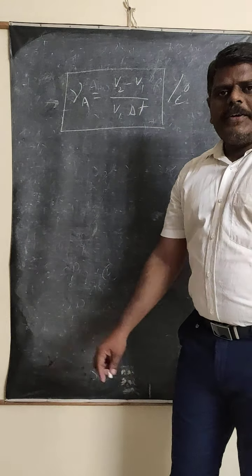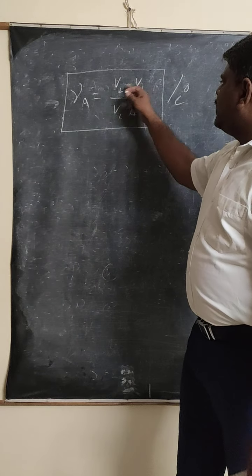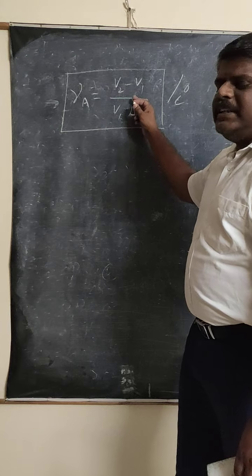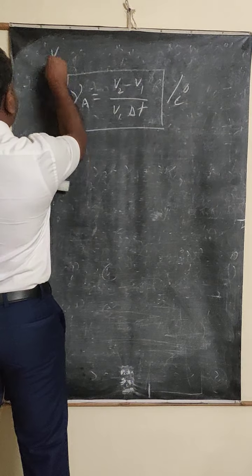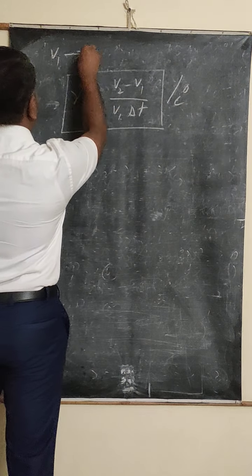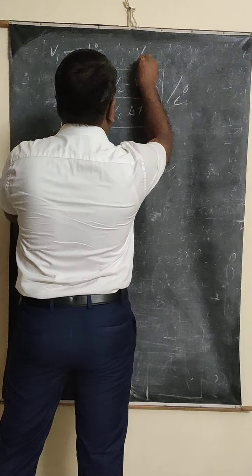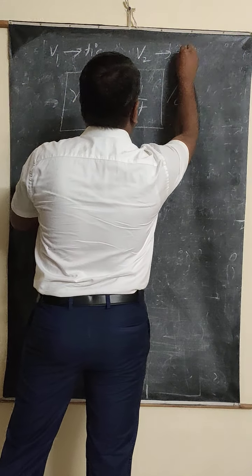Now refer to the terms here. V2 minus V1 represents the change in volume. V1 represents the initial volume at the temperature of T1 degree Celsius, and V2 is the final volume at the temperature of T2 degree Celsius.